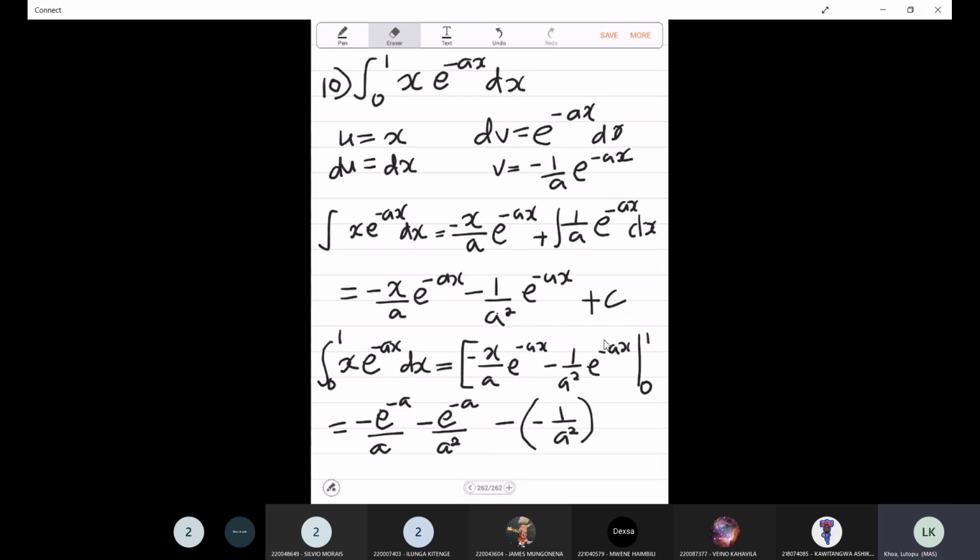This negative and negative becomes positive. So that is our solution there. We don't need the brackets at the end. Okay, so even if it's a definite integral, we still can use by parts, just that at the end we have to substitute the limits.